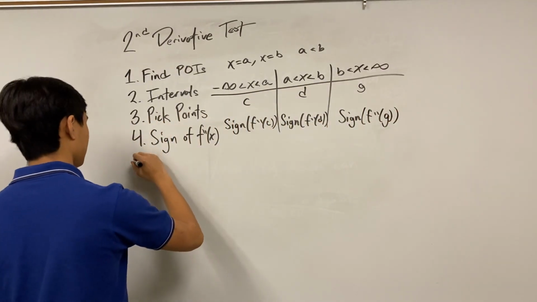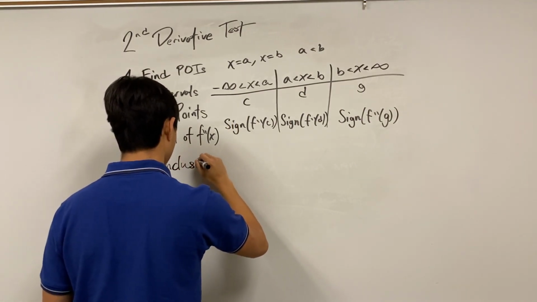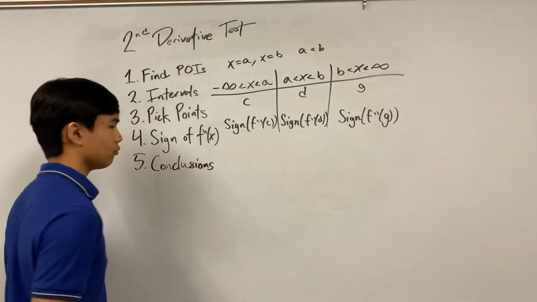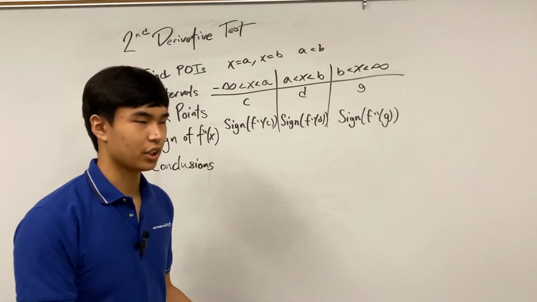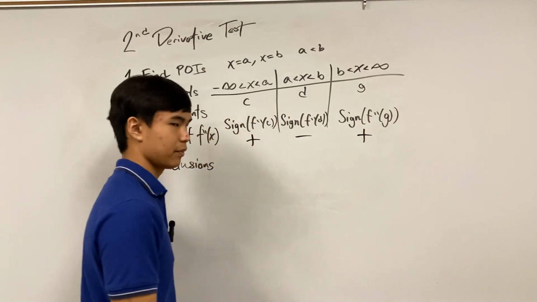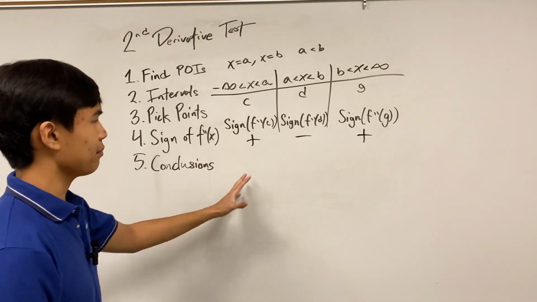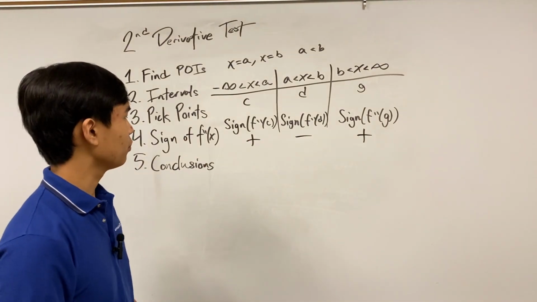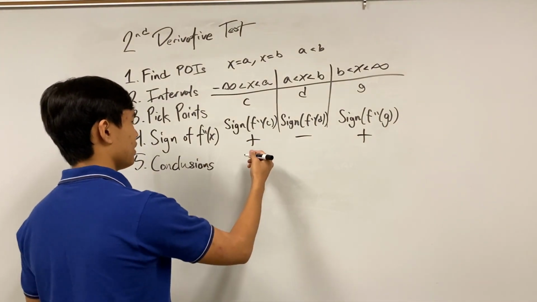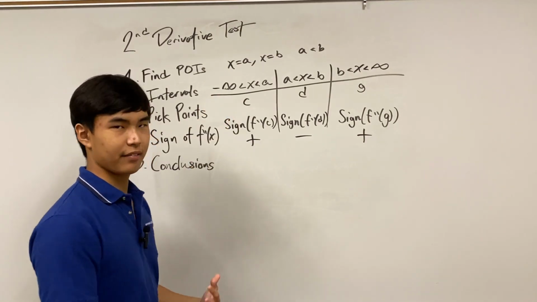And finally, we make our conclusions. Okay, I'm just going to say here there's a plus, minus, plus, right? Because these are all arbitrary numbers. So from this information, we can see that here immediately, the plus means that in this interval, the function is concave up.